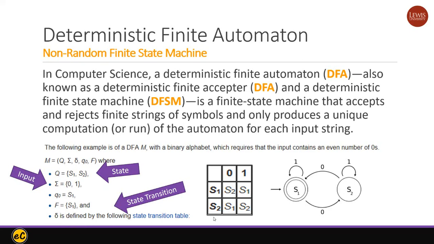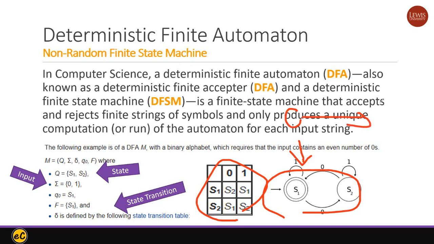So this whole thing grouped together is a deterministic finite automata, and we use it to translate your characters to your words, your tokens.